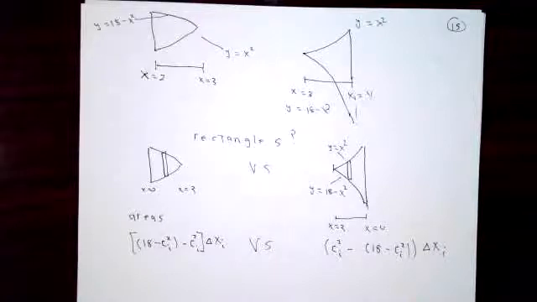To get the area that goes with x being 2 to 3, I'll add these things up and take the limit. To get the area that goes with 3 to 4, I'll add these things up and take the limit. So I'll end up having to do 2 integrals here.